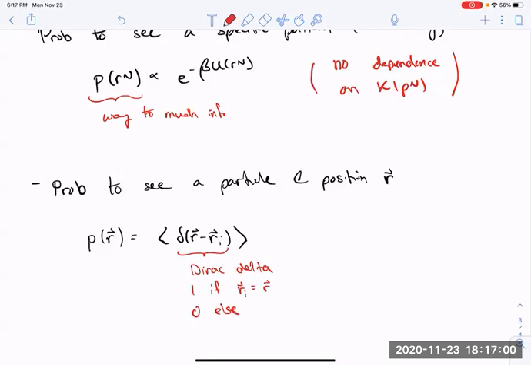So as I evolve a system, I count a bunch of ones when that particle overlaps with that specific position, zeros otherwise. If I average that, it will tell me the fraction of time that particle overlaps with that position, which is then just the probability that it is found there. If you'd rather have a graphical picture of the delta function, it has infinite height and infinitesimal width, such that its integral is normalized to 1.